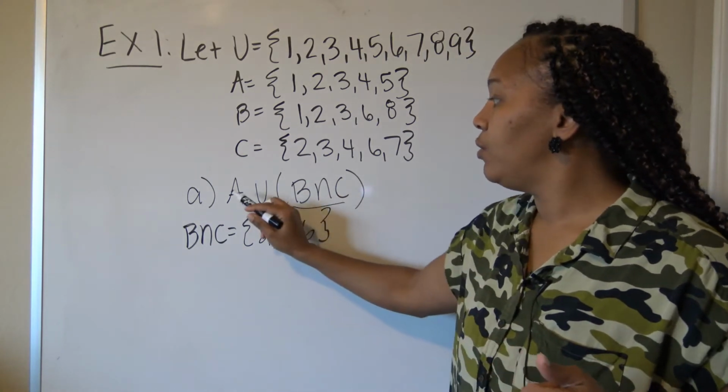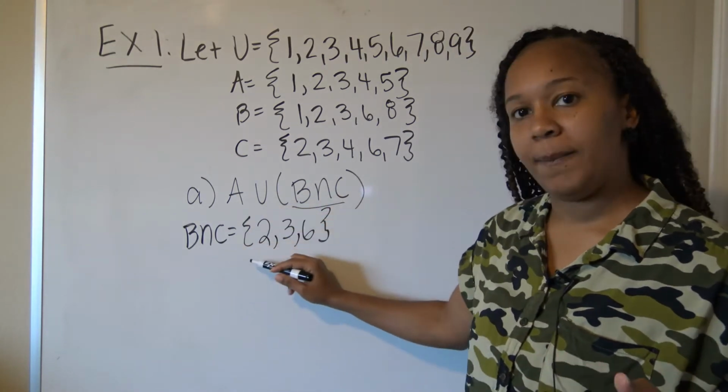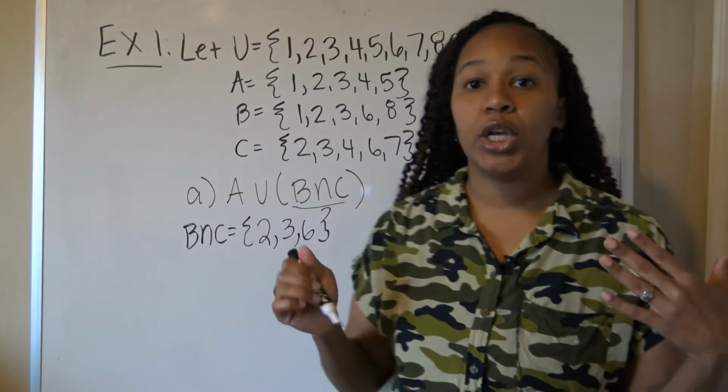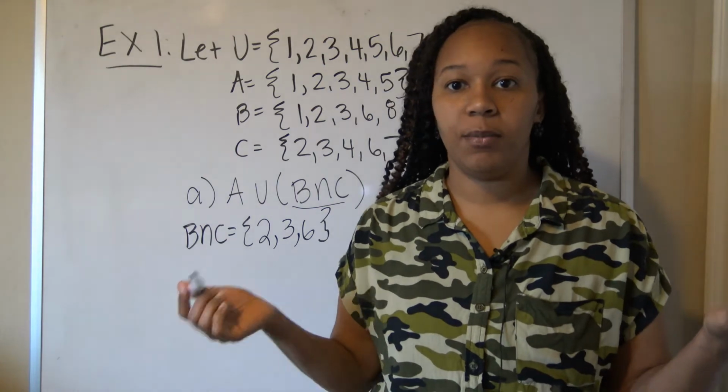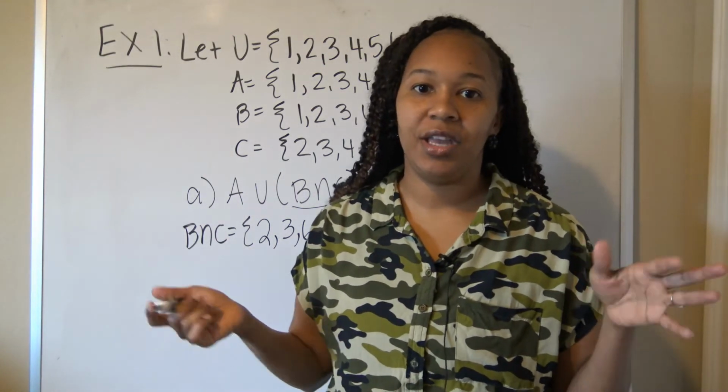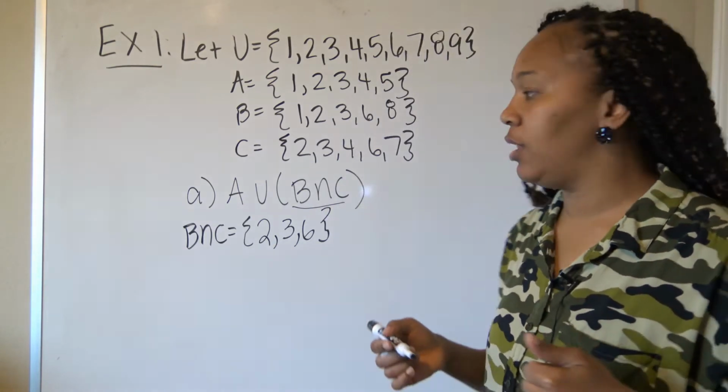So now we want to do A union with this set B intersect C. Remember, union means you take everything from both sets and bring it together. Whenever you unite 2 sets, you're just bringing all of their elements together.